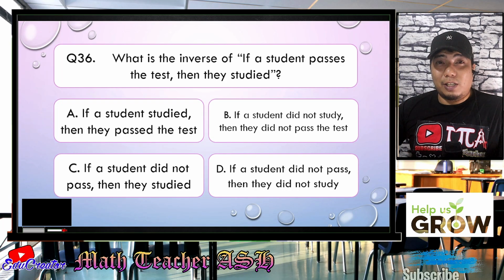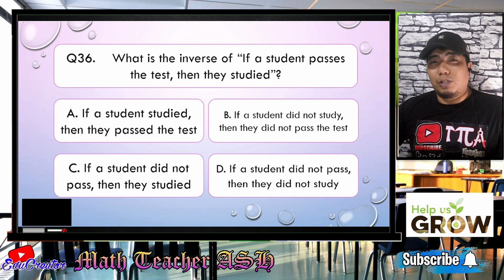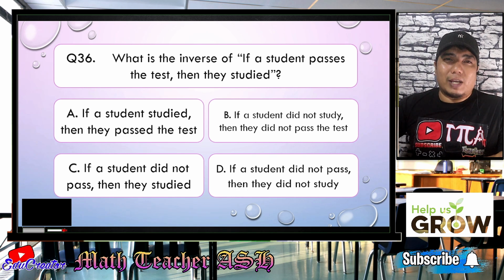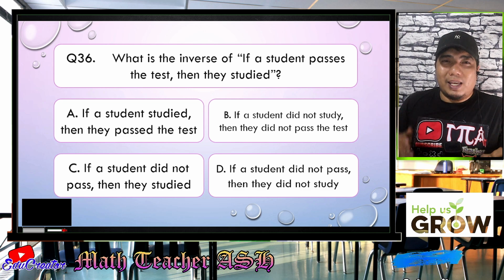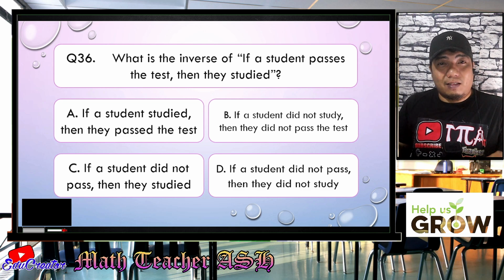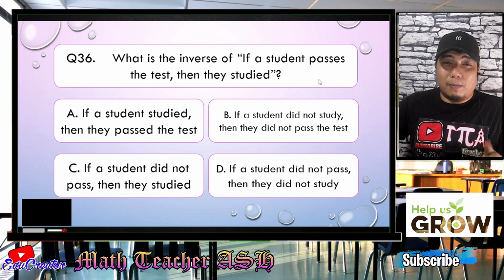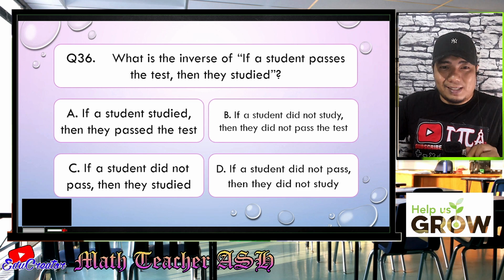Alright, math learners, if you remember the relationship of our conditional statements earlier, in order to get the inverse of the conditional statement, you just get the negation of both parts. So if A, then B for the conditional statement, then the inverse statement should be if not A, then not B. So if a student passes the test, it should become if a student did not pass the test.